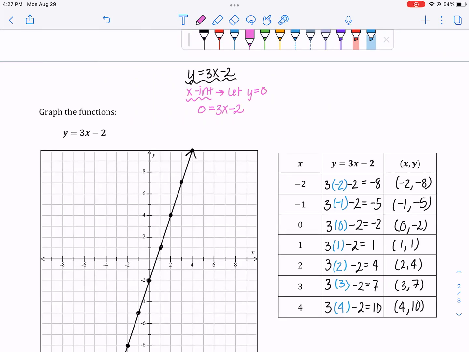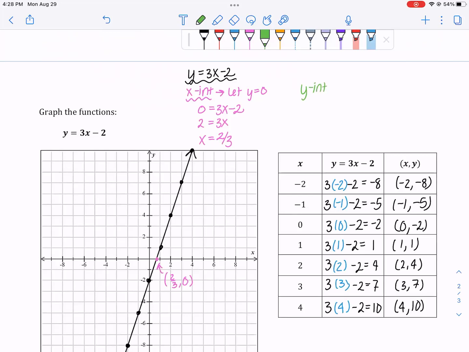If I add 2 to both sides, I get 2 equals 3x. Dividing both sides by 3, we get x is equal to 2/3. So x equal to 2/3 is our x-intercept. So right here, this is the point 2/3, 0. The x-intercept is 2/3.